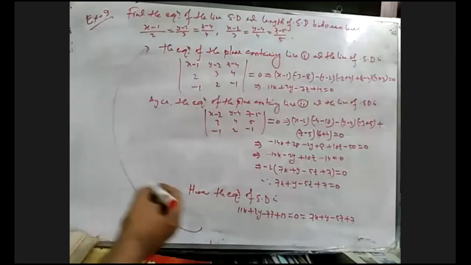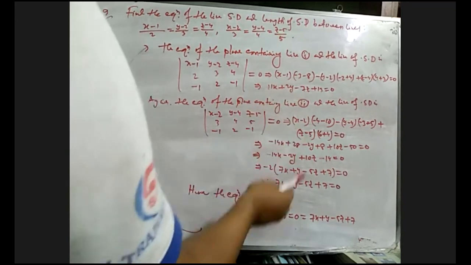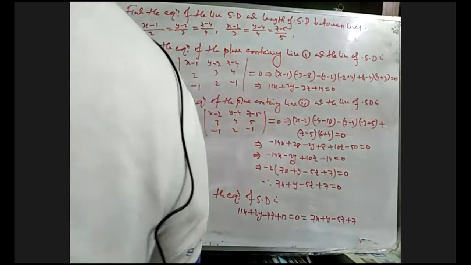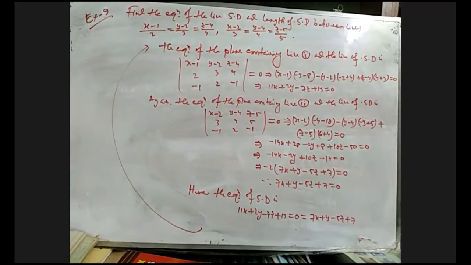This is the required equation of the line of shortest distance. The same example we have done previously, in example 7.